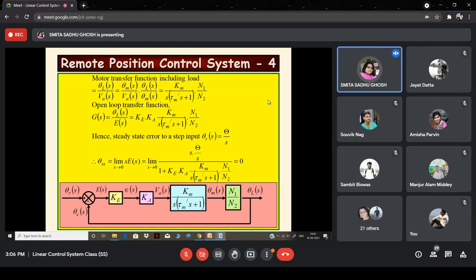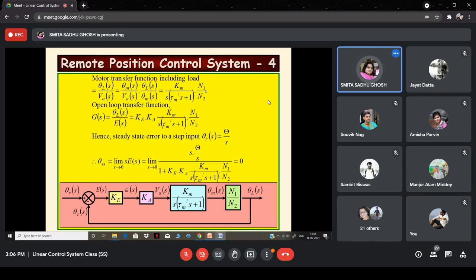One is theta m(s) by Va(s), which is the model of the DC servo motor that we have already derived on the previous slide. The second portion, theta L by theta m, is a simple gear ratio, N1 by N2, and that is the conversion that has to be made. So in effect, theta L by Va will be equal to this transfer function multiplied by N1 by N2, right?